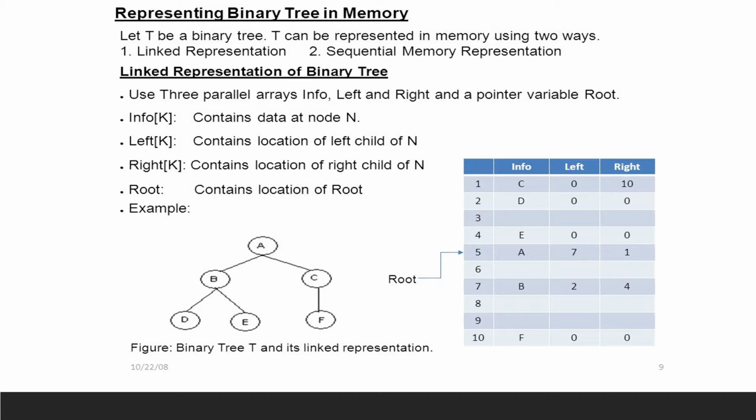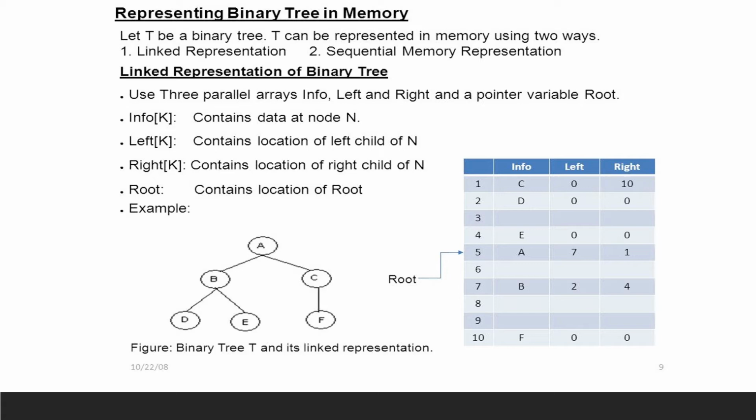first we are going to take this C. Using this diagram we are taking the node C. So in the information we are having C, and in the left node we are representing it as 0 because this C node does not contain a left node, it is holding only the right child.